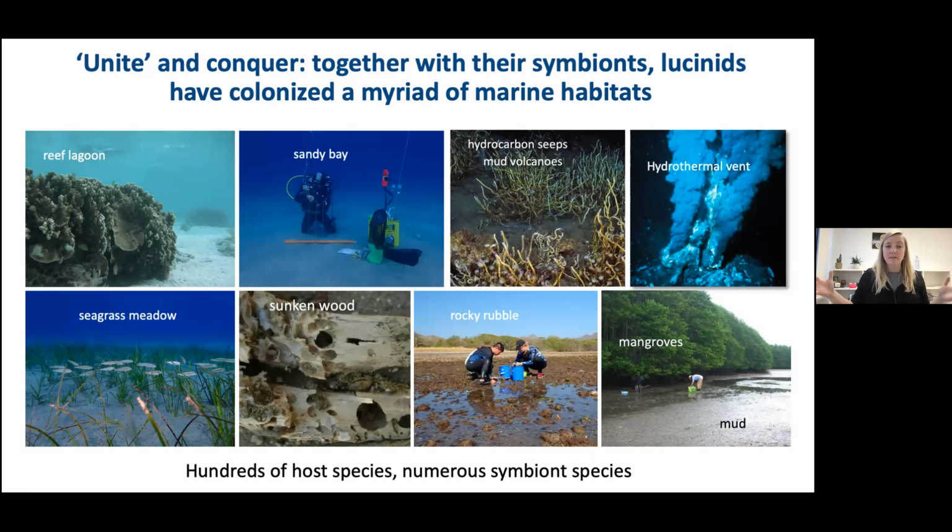And throughout this long evolutionary history, they have together conquered many different habitats, including these reef lagoons, these seagrass meadows, but they've also been found at hydrocarbon seeps and mud volcanoes on the deep sea, extreme environments in the deep sea, hydrothermal vents, in mangrove swamps, rocky rubble, very different types of marine environments.